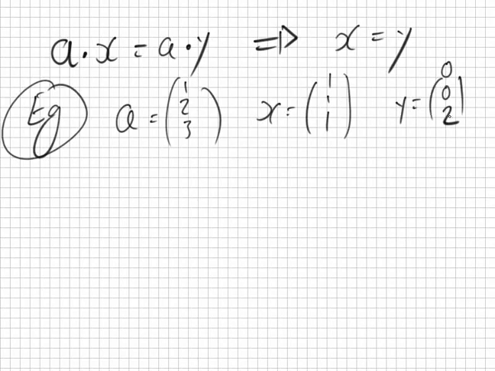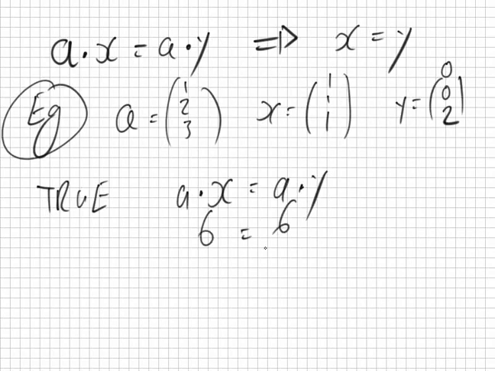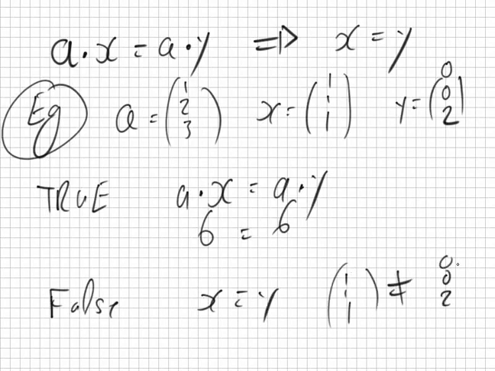So it's true that A dot x is equal to A dot y, because you can test it, you get 6 equals 6. But you can see that it's false to say that x is equal to y, because it's clearly not. x is 1, 1, 1, and that's definitely not equal to 0, 0, 2.